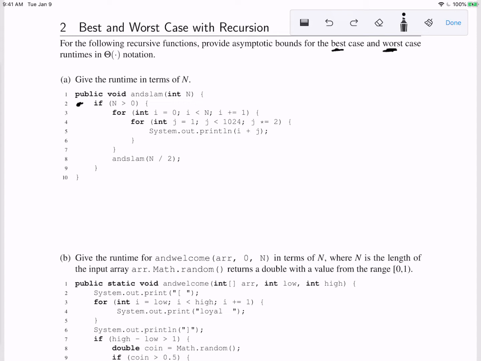Well, asymptotic runtime is only defined for very large positive n inputs. So that's not something we're going to be considering for this function and for the other functions in this course. So from that, we can deduce that the best case must equal the worst case, meaning there's no distinction between cases here.